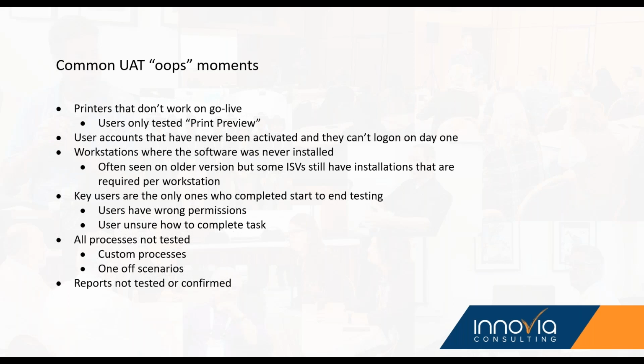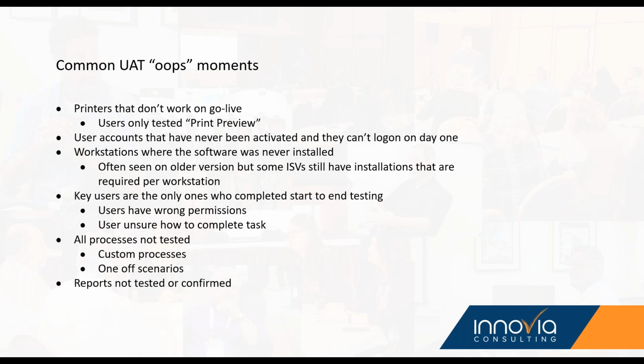And my favorite is those users that come in on a Monday and they go, I don't even know where to go to open the system, let alone how to do my job. Everybody's like, how did that happen? Oh, well, she was out for 2 weeks because she had COVID. Well, this has been an implementation that we've been working on for 6 months. Her being out for 2 weeks should have had no bearing on this.